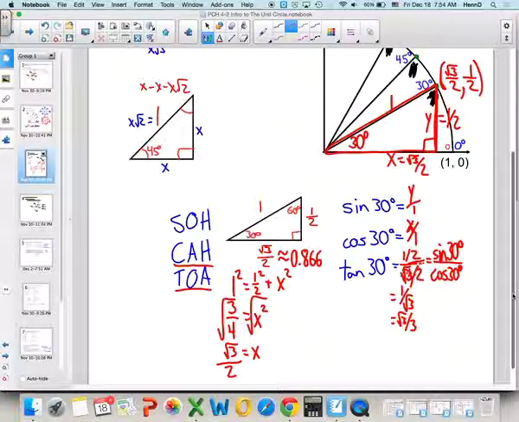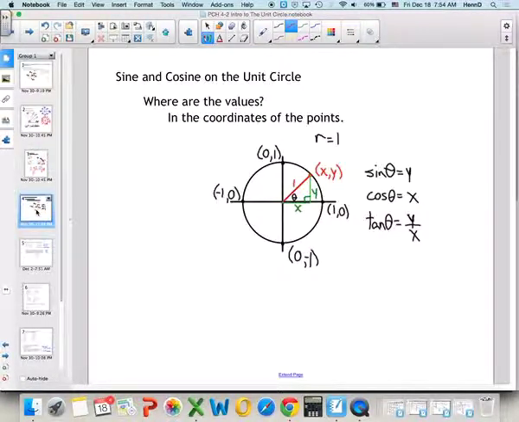Finally, I just want to point out what we just observed. The sine and cosine on the unit circle, the values are the coordinates of the points. And you can see here, sine of theta is the y-coordinate, cosine of theta is the x-coordinate, and then you can easily find tangent of theta by taking y over x.